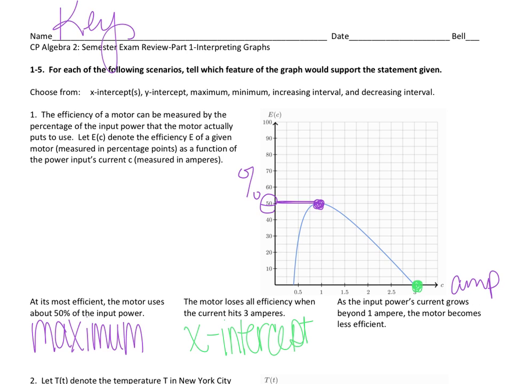The third part says, as the input power current grows beyond 1 amp, so 1 amp again is right there, the motor becomes less efficient. So as I'm moving towards the right from 1, the efficiency is decreasing. Because it's decreasing, that would be the decreasing interval.